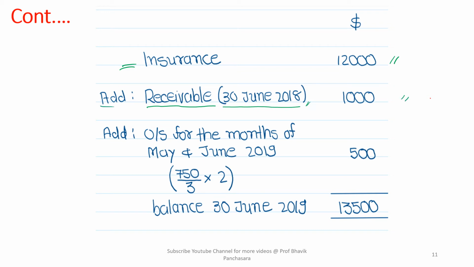So we are going to add this amount, and the insurance outstanding for the months of May and June 2019 are 500. How this amount arrived, that is shown here. So we are going to add the amount of 1,000 and 500, total 1,500. So the final answer of insurance expenditure is 13,500.